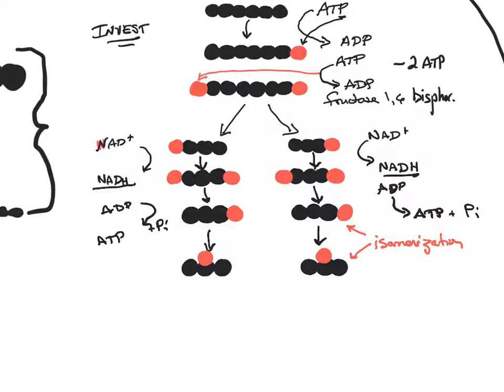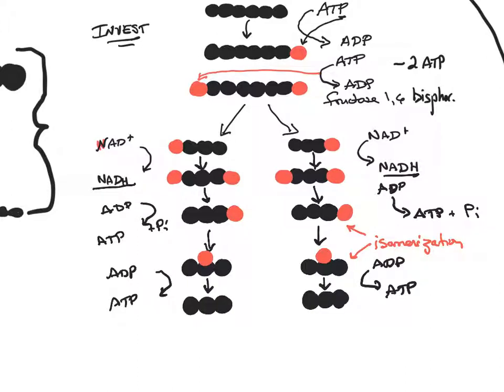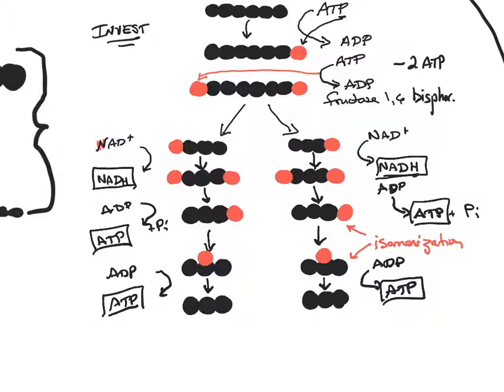And then the last and final step is the removal of that additional phosphate group. Once we remove that last phosphate group, we have another event where ADP is converted into ATP. So if I put boxes around all of the molecules that get generated, we have ATP, ATP, NADH.